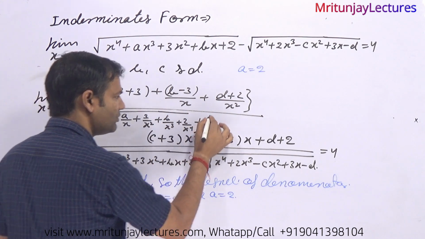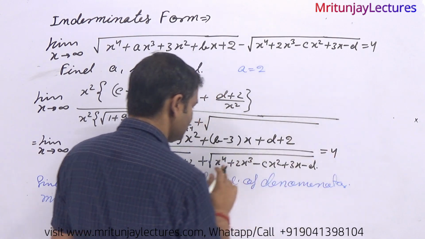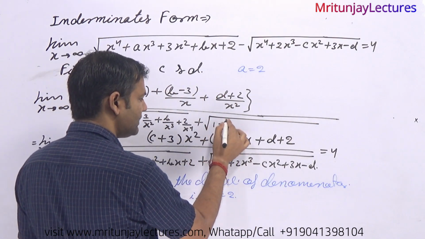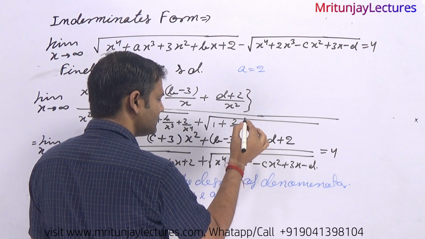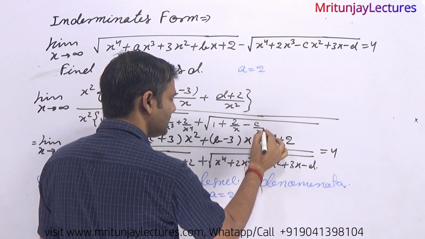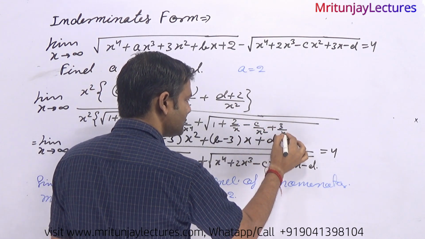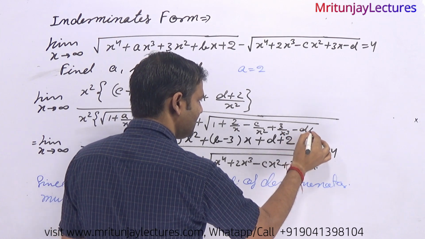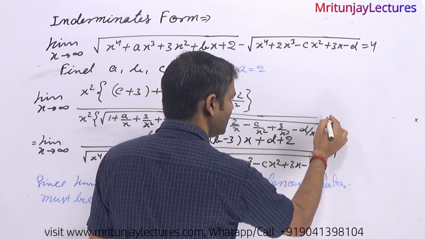Now plus under root of, taking the common factor out, 1 plus 2 by x minus c by x square plus 3 by x cube minus d by x to the power 4. This will be equal to 4.